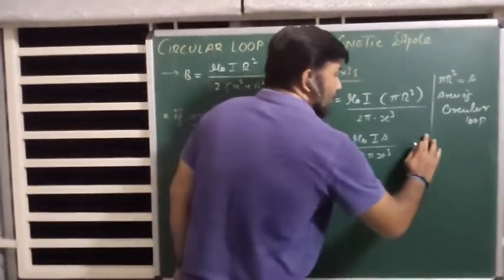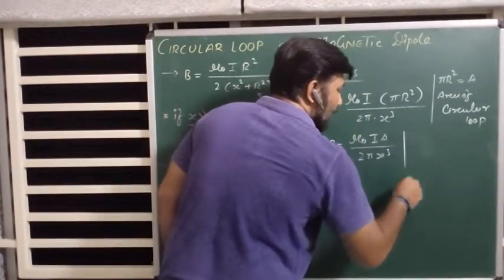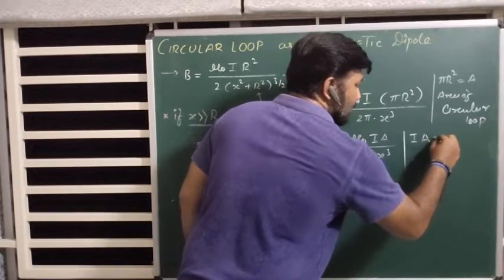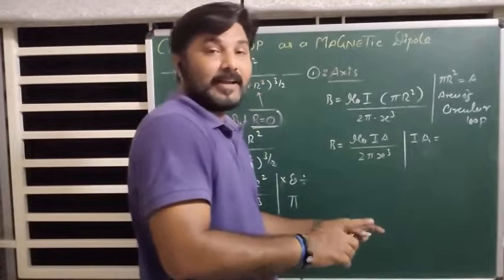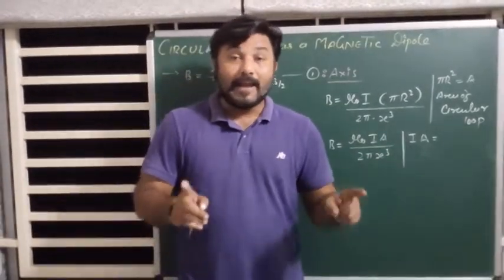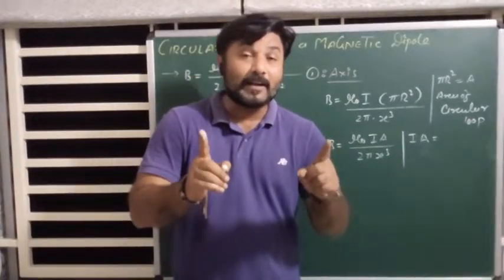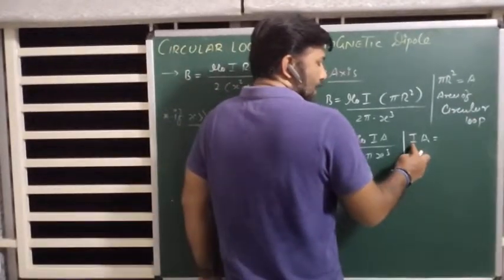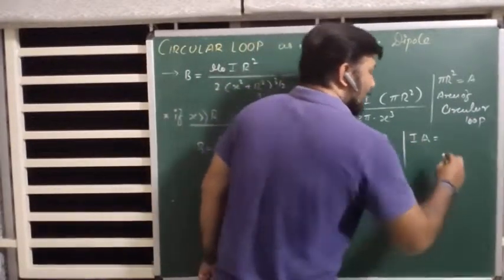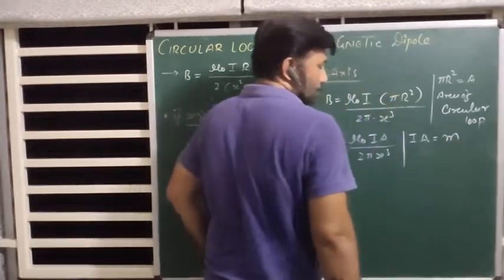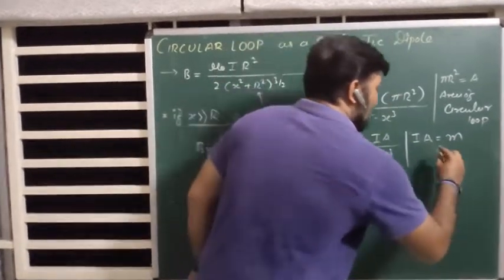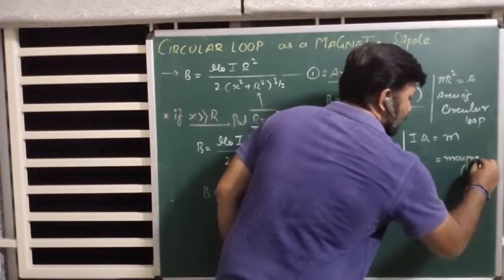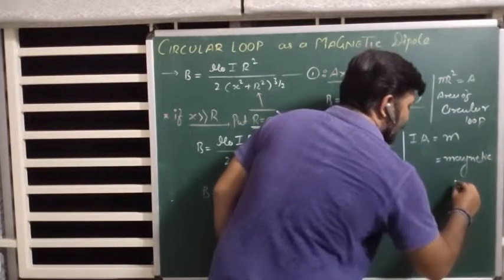What is I A? In the last video we have seen I A. It is the product of electric current and area of the coil. So in short, electric current multiplied by area is nothing but M. What is M? M is known as the magnetic moment.